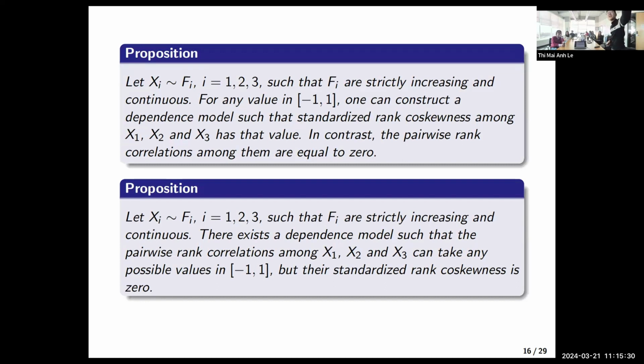Second, there exists a dependence model such that the pairwise rank correlations can take any possible values in [-1, 1], but their standardized rank coskewness is 0. Instead of using normal marginal distributions as in section 2, in both propositions, we have the marginal distributions Fi to be any strictly increasing and continuous marginal distributions.